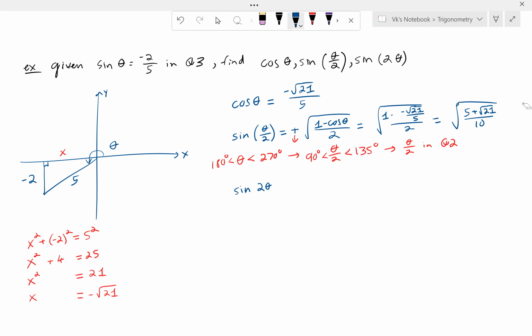Sine of 2 theta is, well, from the double angle identity, 2 sine theta cosine theta, which is 2 times sine of the angle theta, negative 2 over 5, cosine of the angle theta, negative root of 21 over 5. So that gives us 4 root of 21 over 25.